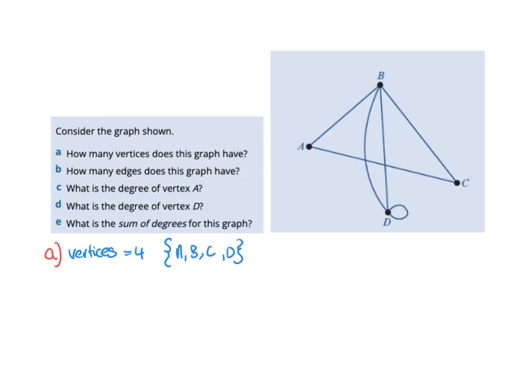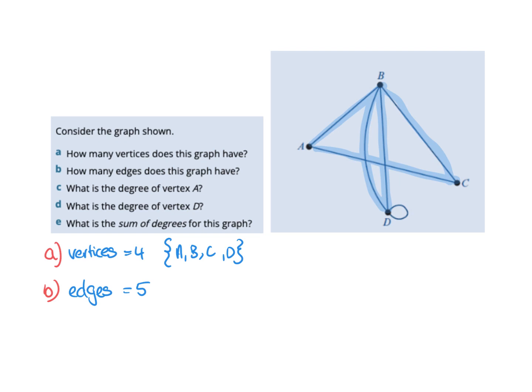Okay, in B, how many edges does this one have? So you might want to just check with highlighting them. So you got 1, 2, 3, 4, 5. So we've got the edges equals 5.